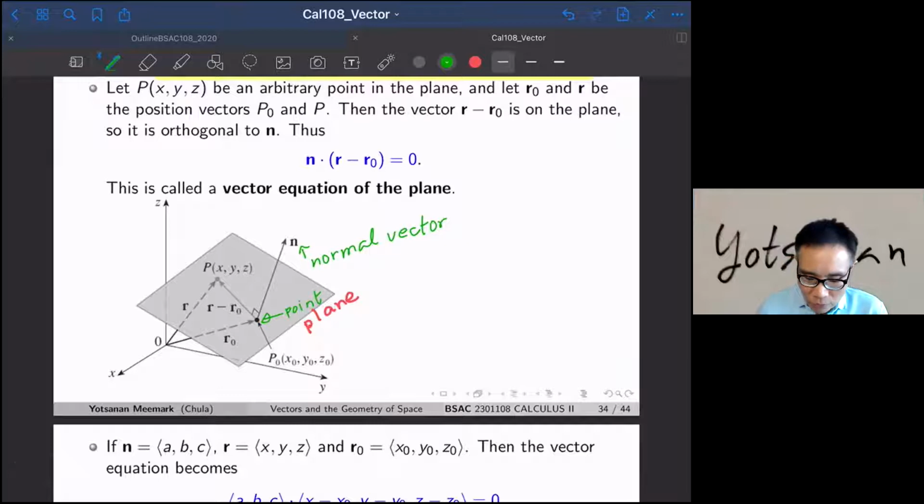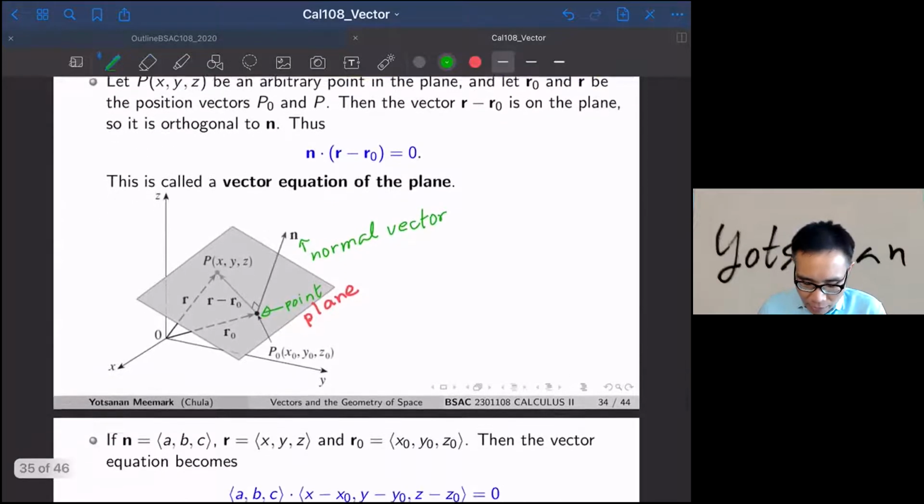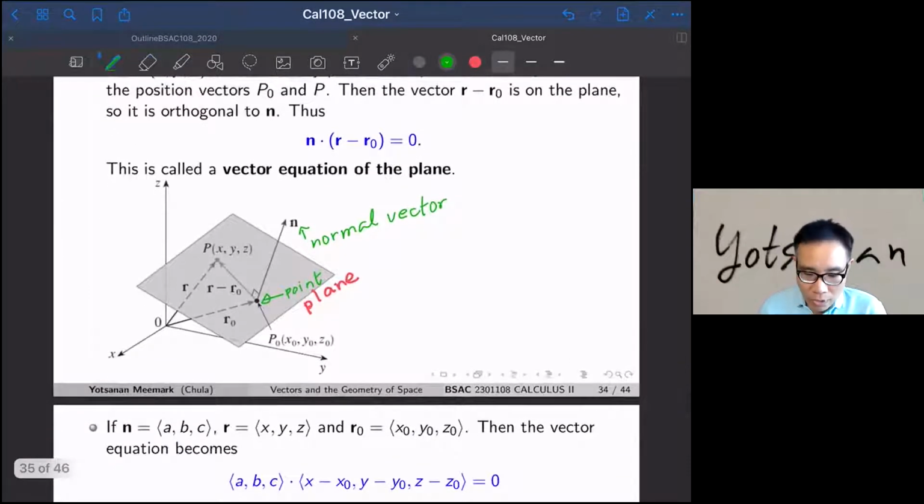So the point is called x0, y0, z0, and you have the normal vector. So you'd like to find the relation between x, y, and z on the plane.